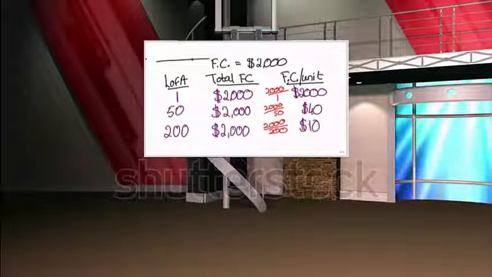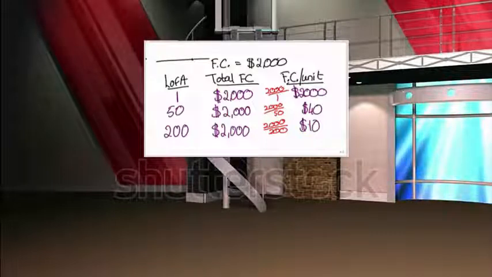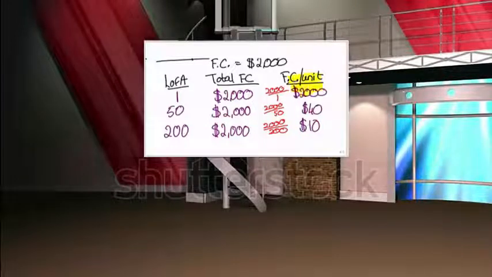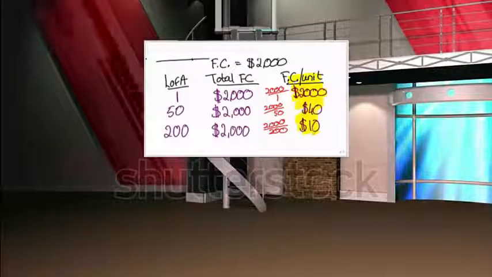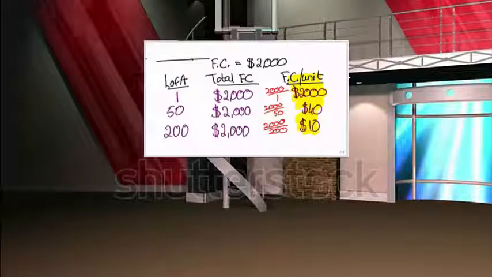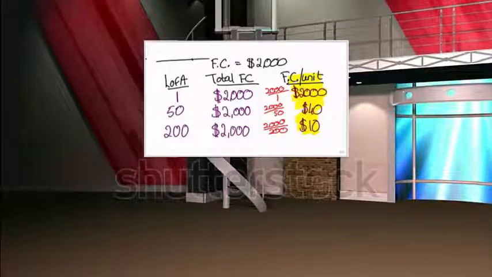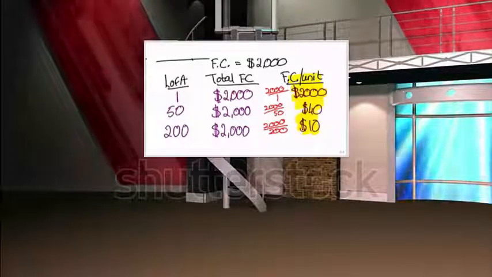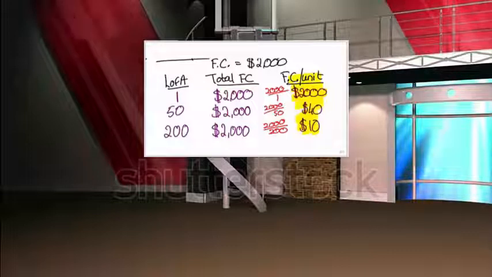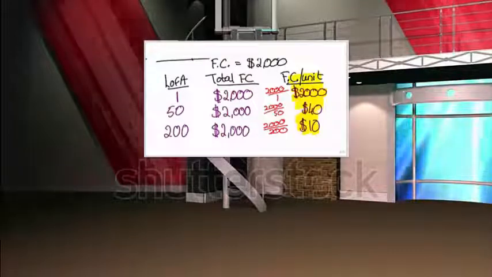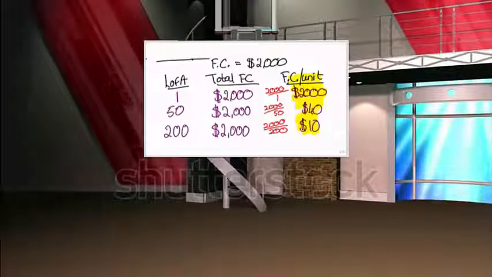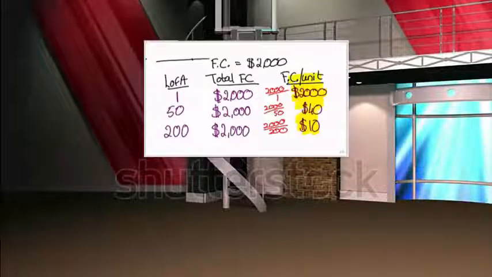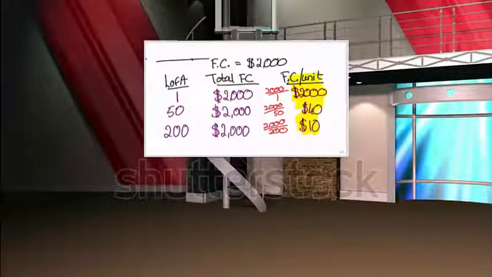So can you see the pattern then? As our level of activity increases, our fixed cost per unit will decrease. Even though our fixed costs stay the same in total terms, if we increase our level of activity, then we are spreading that cost across more units. So our fixed cost per unit goes down.